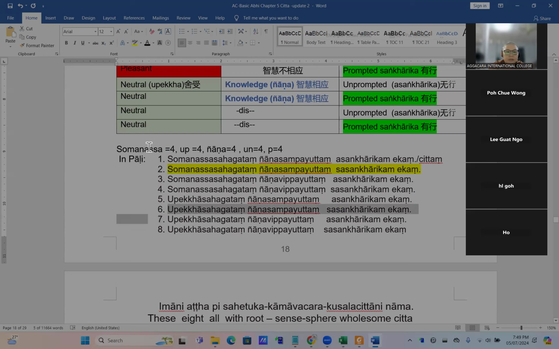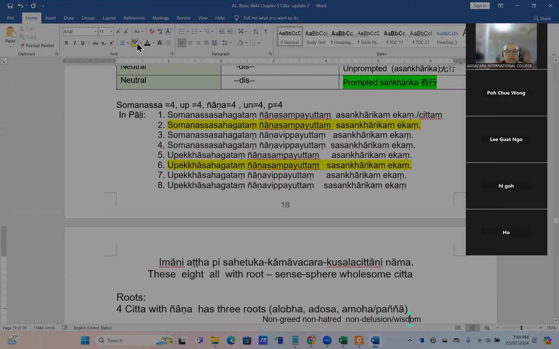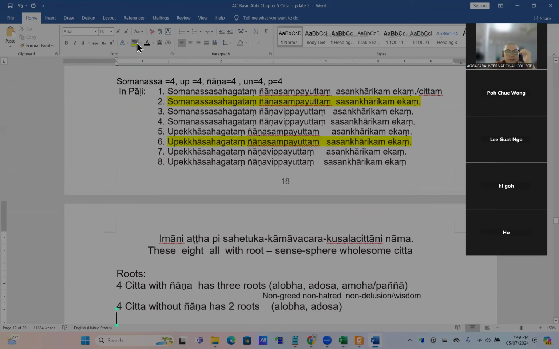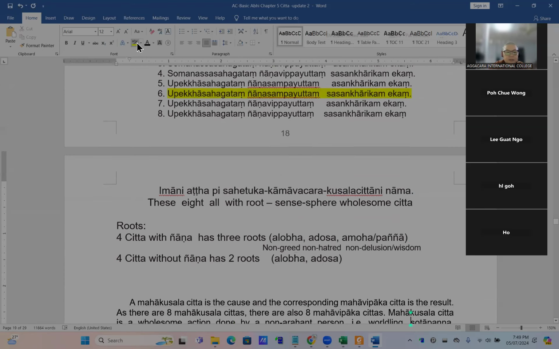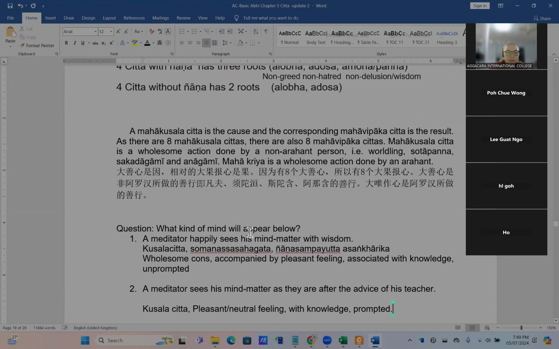Okay, number 2 and number 6. So Jnana Sampayutta with pleasant or neutral feeling, prompted by the teacher, so Sasankarika. So 2 and 6. Okay. So this is number 2 and number 6.